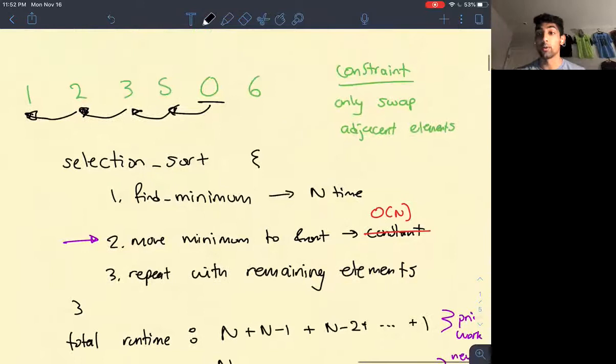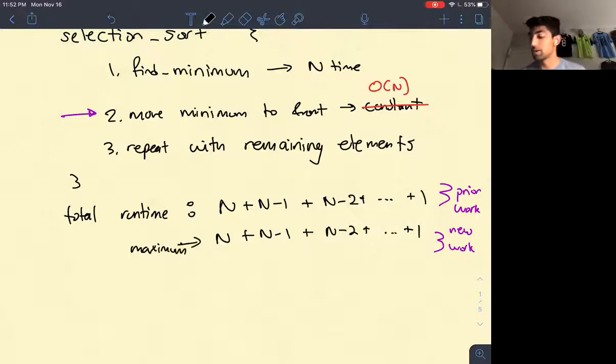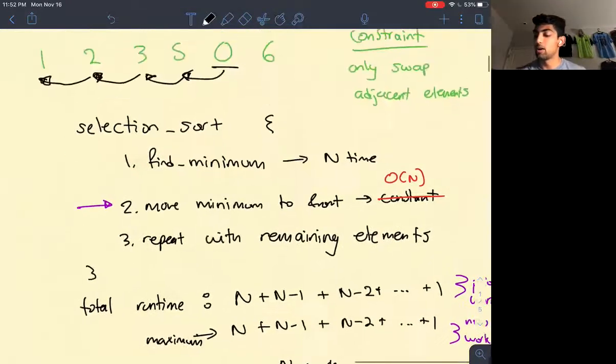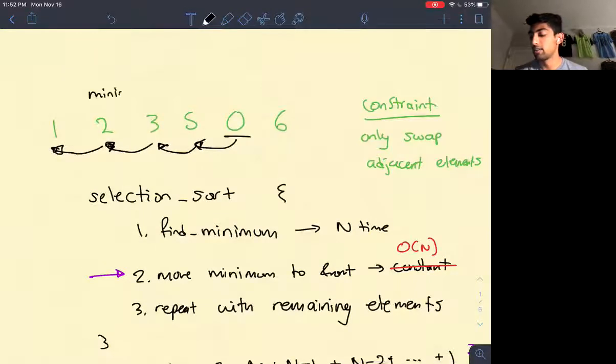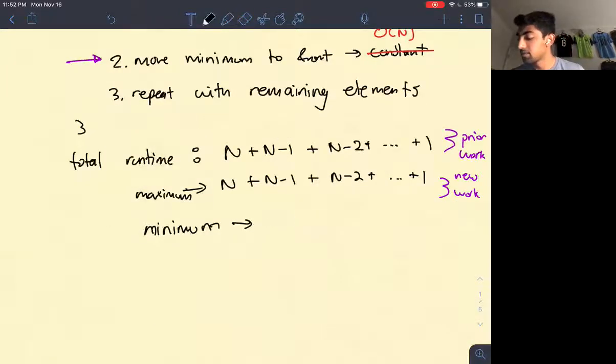In the case that the minimum is always to the right, plus n minus 1, plus n minus 2, and so on, okay? So this is the maximum amount of additional work we can do by swapping, and the minimum is going to be roughly constant, or we could say it's roughly n work, right? In the case that the minimum is always over here, right? If the minimum is already in the place it needs to be, we don't have to do really any more work. So we're going to say a constant amount of work, sure.